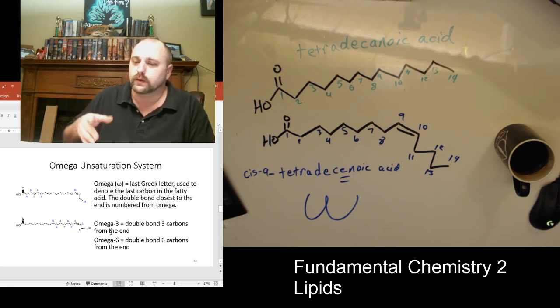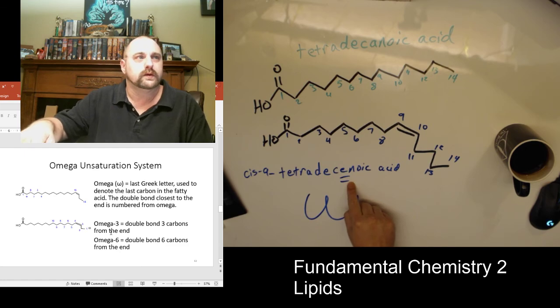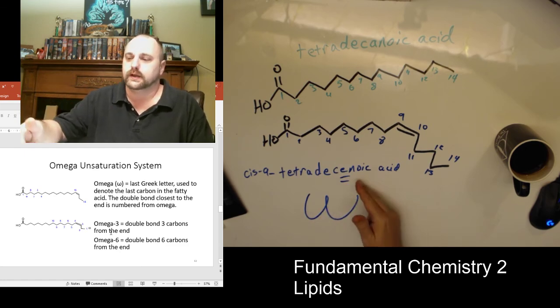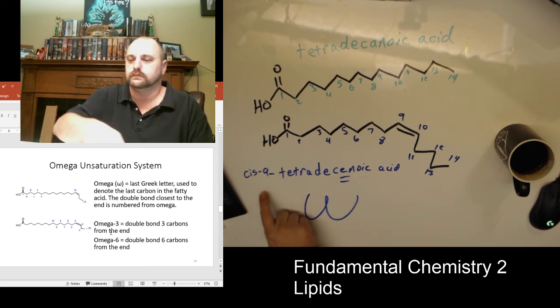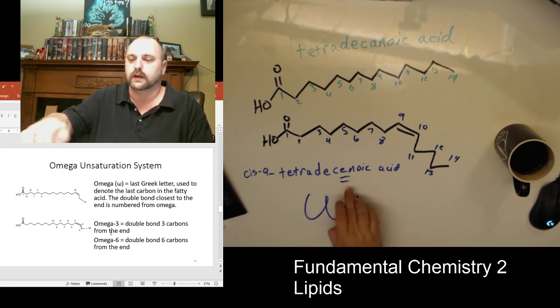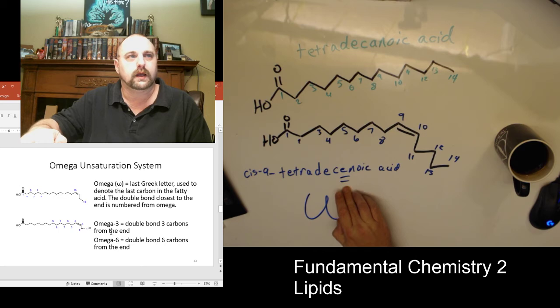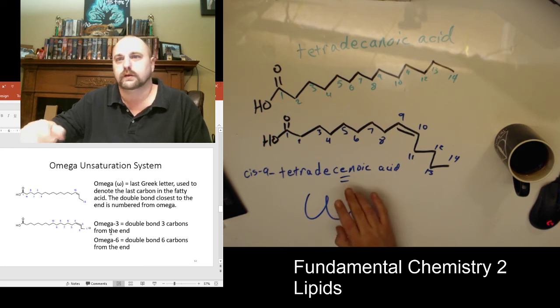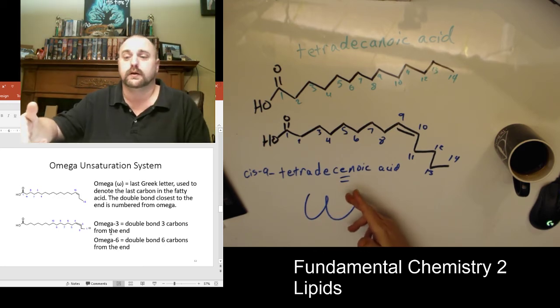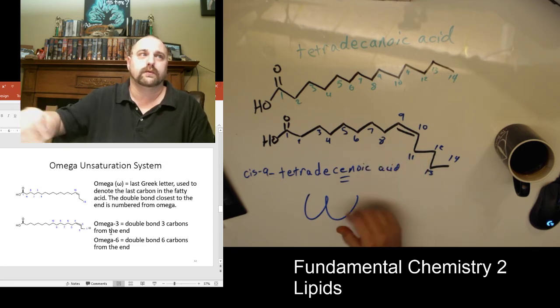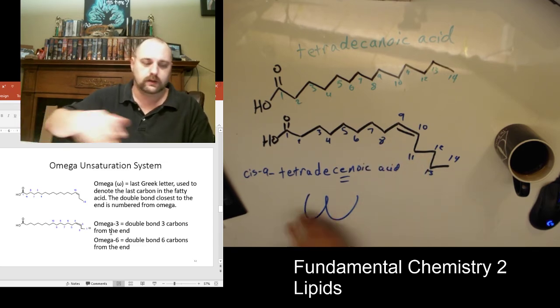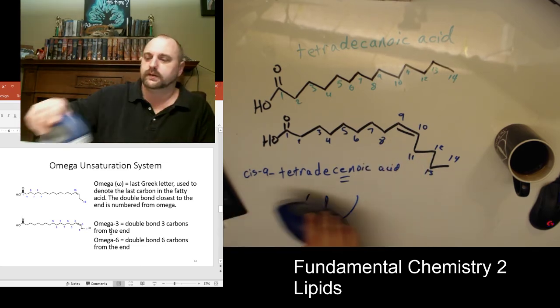So really important. And we saw that, especially if it's polyunsaturated or even monounsaturated, it could be tough. A lot of times when these things are being taken apart, they're taken apart from the end and not the carboxylic acid part.